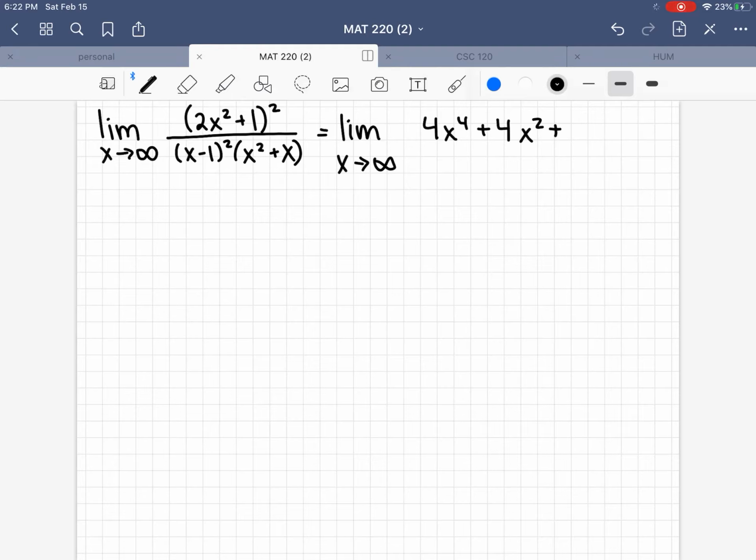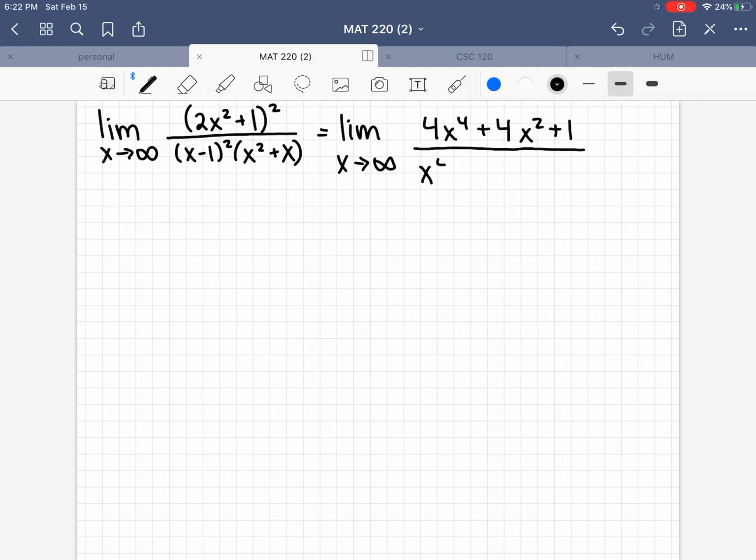Okay, 4x squared plus 1 for our top guy there. And I already have it pre-factored to the side here, but if you want to break it down, you could first factor out the x minus 1 squared and then combine those together.